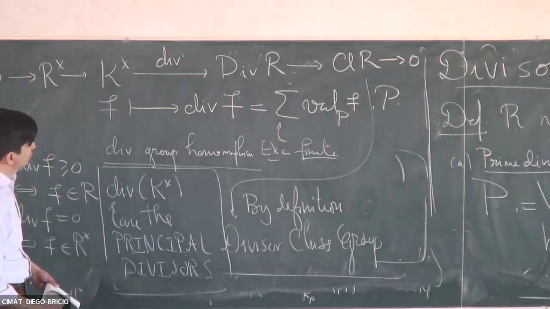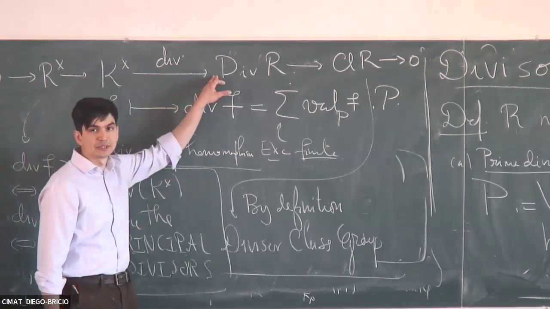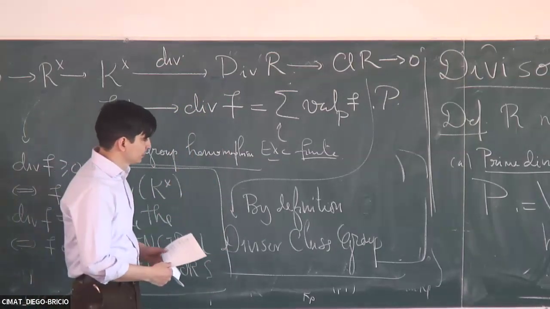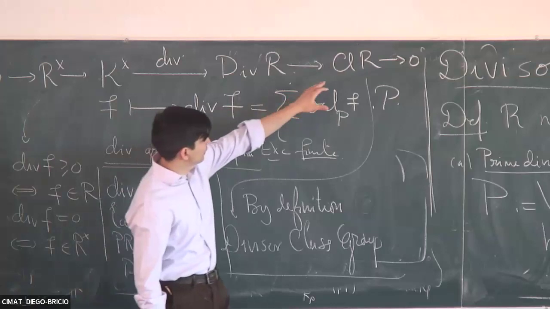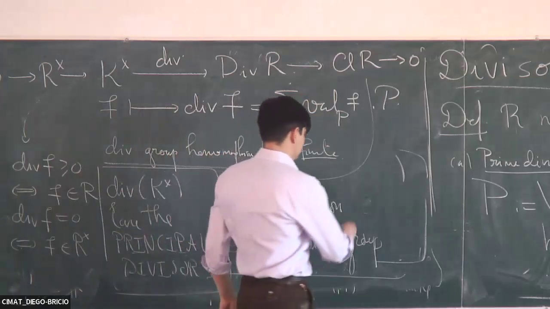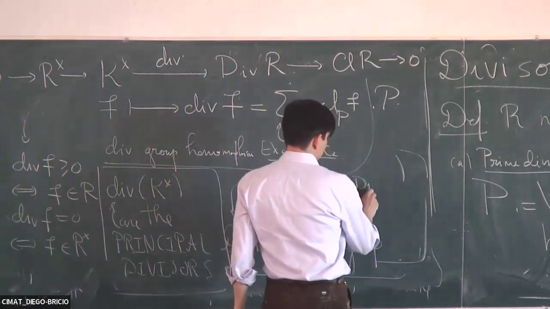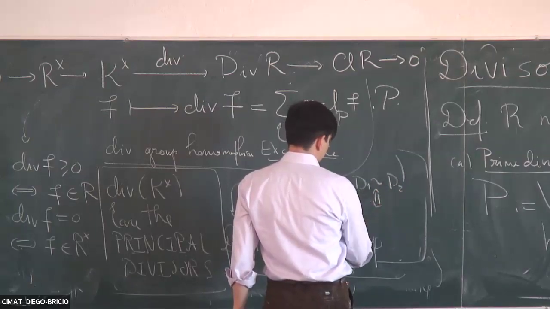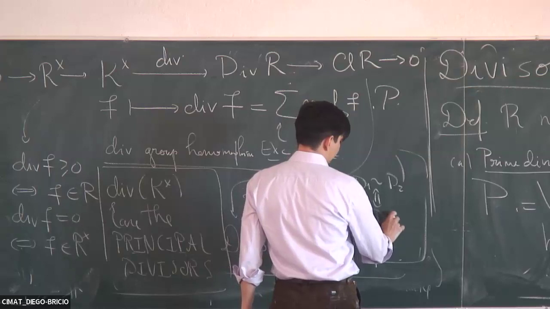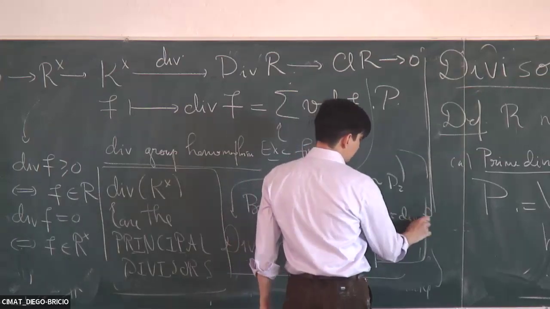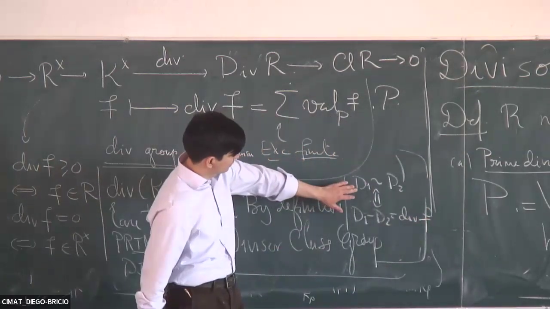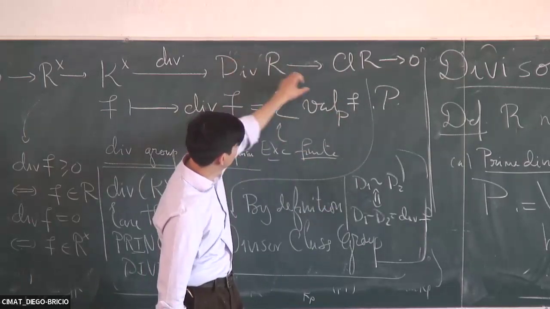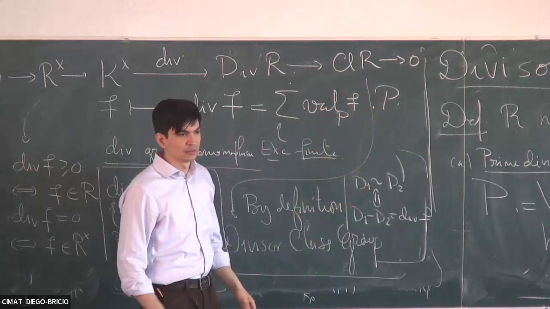And the divisor class group is simply Weil divisors modulo principal divisors. So for example, you say that two divisors are linearly equivalent: D1 is linearly equivalent to D2 if and only if the difference is principal.